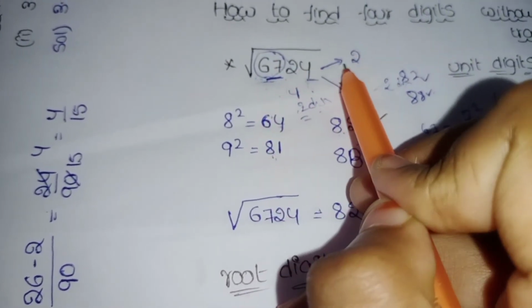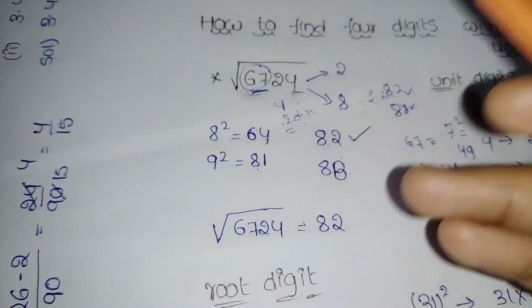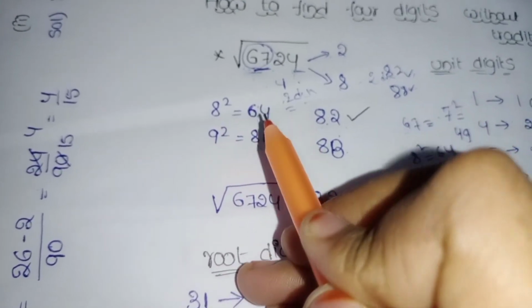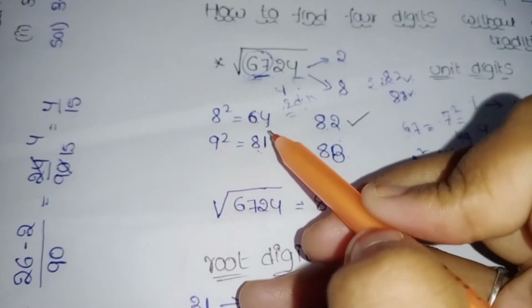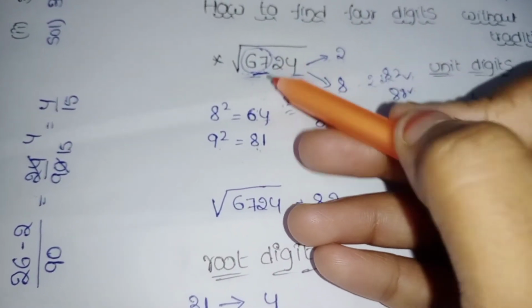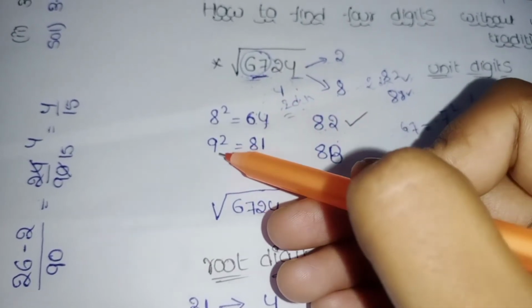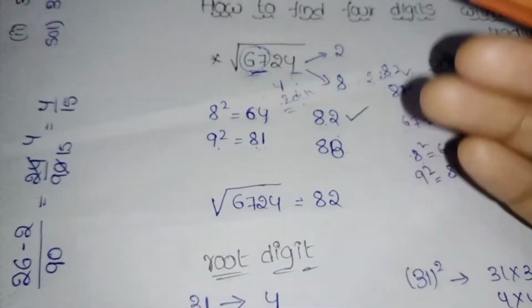67 is near to how much square? 8 square is 64. And I am taking 9 square also, because 67 is greater than 64. 9 square equals 81.